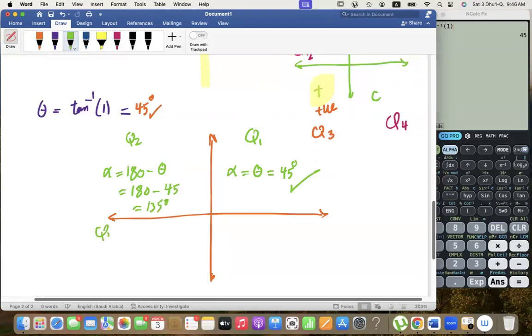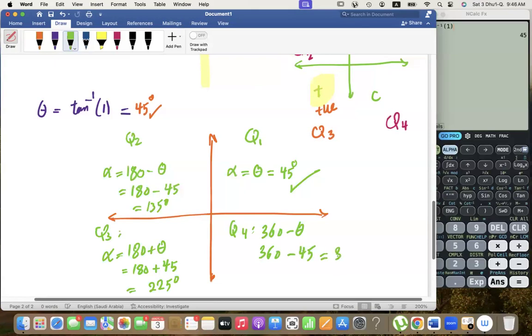In quadrant 3, it is 180 plus theta. So 180 plus 45. So it is going to be 225 degrees. And in quadrant 4, it is going to be 360 minus theta, which is 360 minus 45.